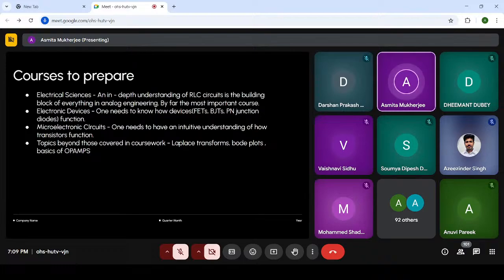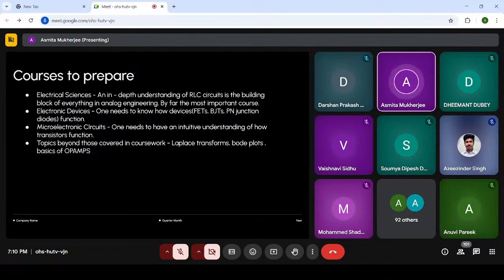The interview is a different thing altogether. Here, they do not care about how many formulas you remember and how accurately you can solve a problem. They are mostly concerned about how much knowledge you have about a given topic, like how well you know your circuits, how a capacitor functions, how a resistor works, how a MOSFET is made, how a channel is formed in a MOSFET.